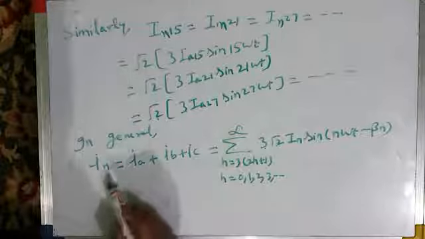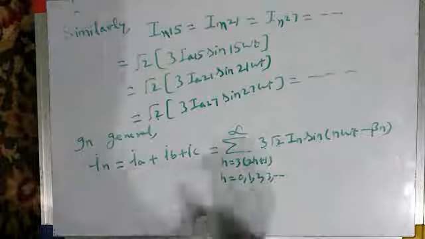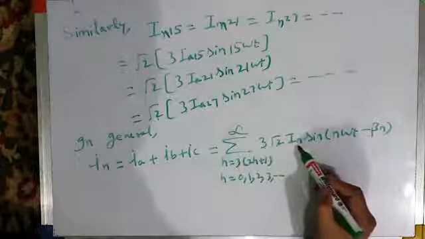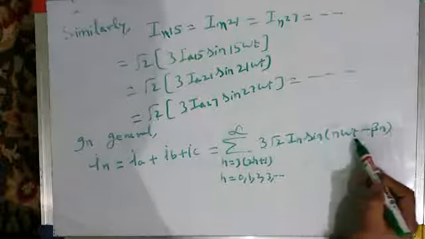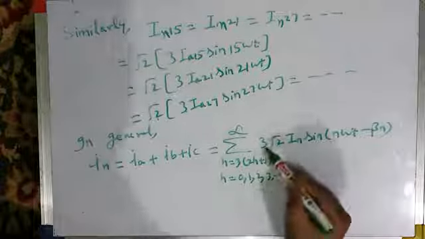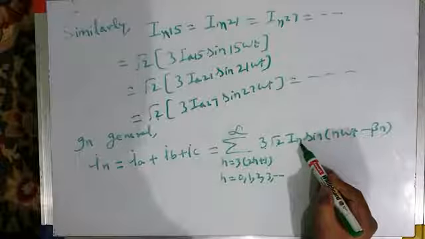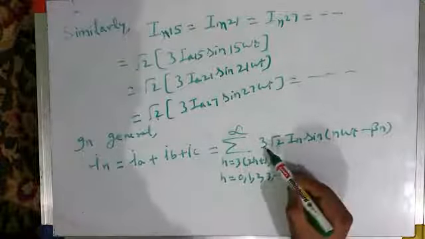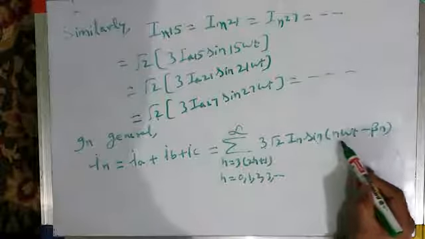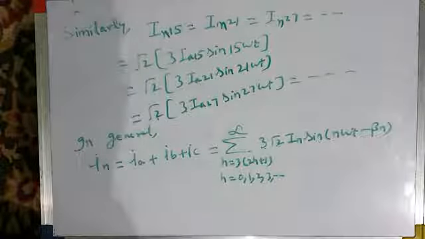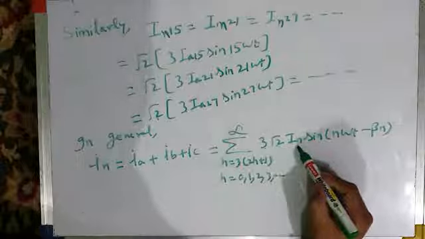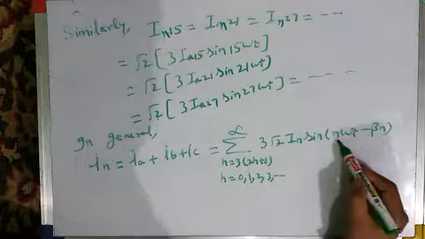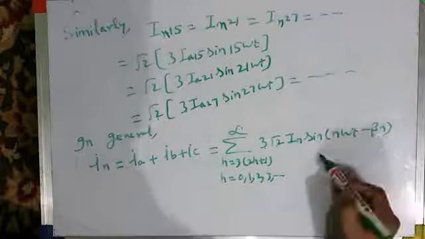So the instantaneous neutral current will be 3 root 2 I3 sine of 3 omega t minus beta 3, plus 3 root 2 I9 sine of 9 omega t minus beta 9, plus 3 root 2 I15 sine of 15 omega t minus beta 15, plus 3 root 2 I21 sine of 21 omega t minus beta 21, plus so on.